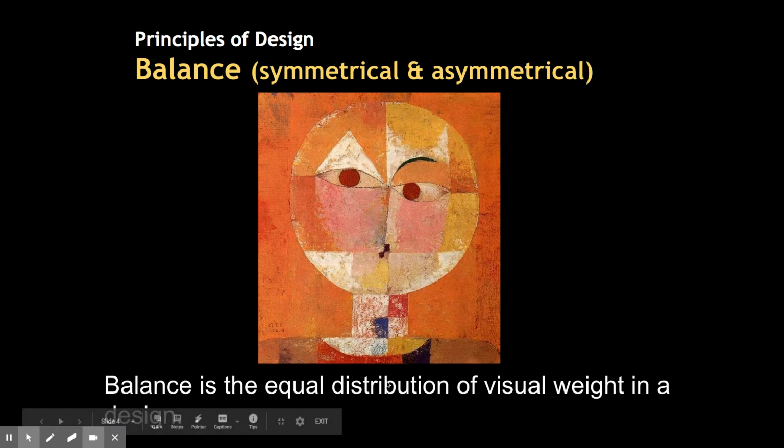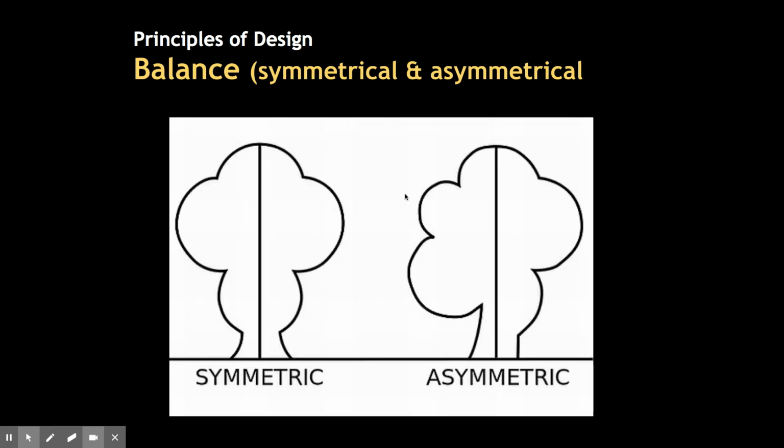So where one eye is here, the other eye is up a little bit, but maybe it's weighed down by this triangle, right? So symmetry is about balance, whether it is symmetrical, perfectly reflected, or balanced by other means, which would be asymmetry. See how this is asymmetrically balanced.